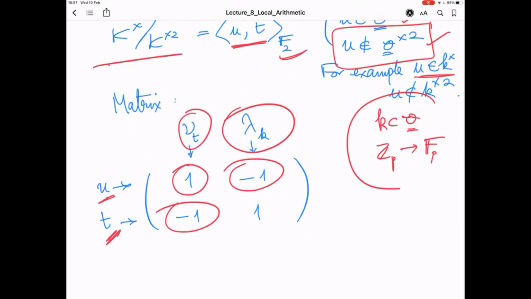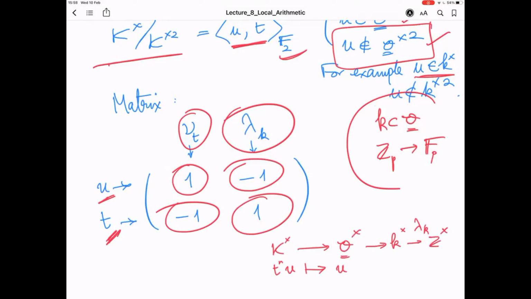And here lambda K of T is equal to 1 because after all, how was this lambda K defined? This was lambda little k, and here T to the N U goes to U, and then this was lambda K. So what would T go to? T would go to 1, so which goes to 1 here, right? So that's the one.